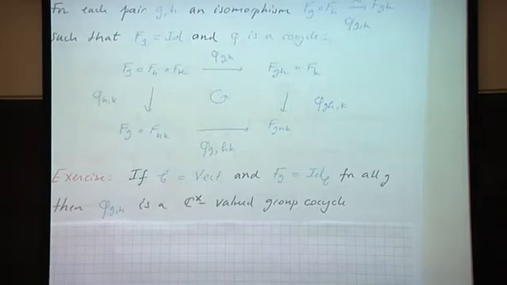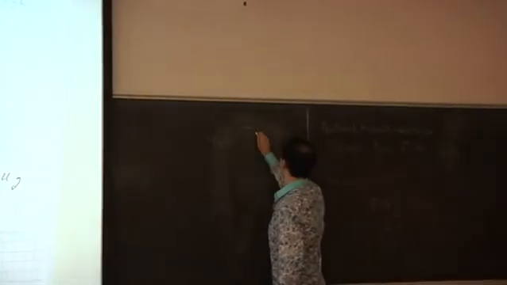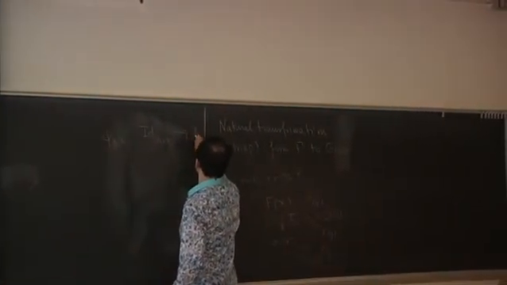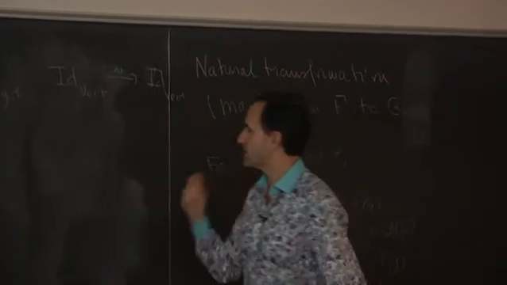So phi gh for each pair G and H must be an isomorphism from the identity functor to itself. So that means what?